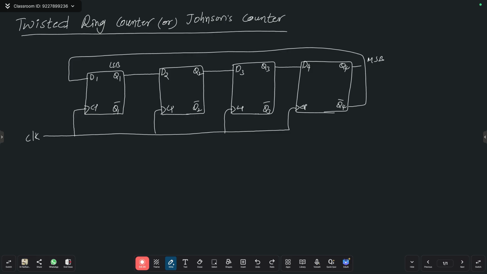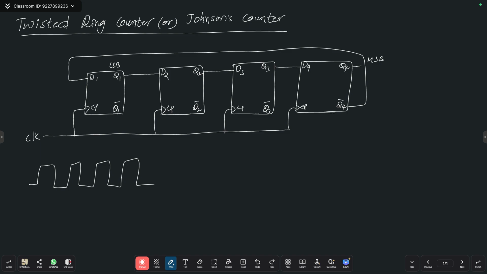Otherwise, remaining things are the same. Clear? And also, here positive clock edge we are giving for this. You can do it with negative clock edges also. Yes or no? I'm using positive, you do it for negative also.